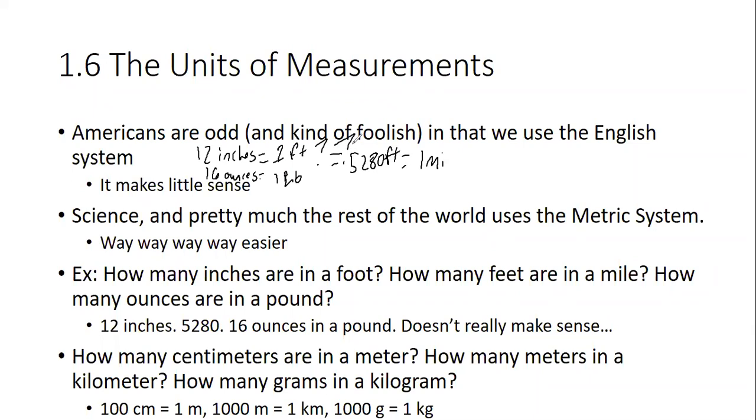Scientists don't like that. We want something a little more precise. So we use what the vast majority of the rest of the world uses, called the metric system. And although learning the metric system initially is going to be a little confusing for us, because normally we don't use it in our day-to-day lives, once you get it down, it's so much easier than the regular system of measurements, because you learn it once, and you can know any type of measurement you want.